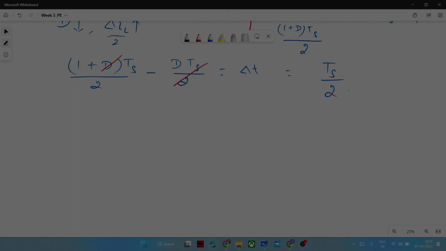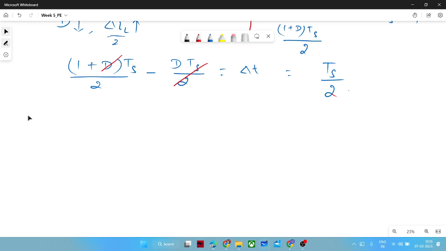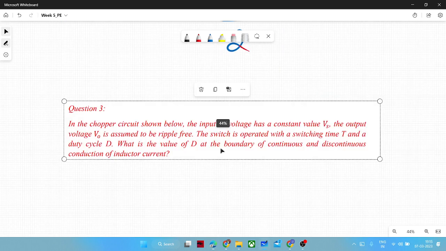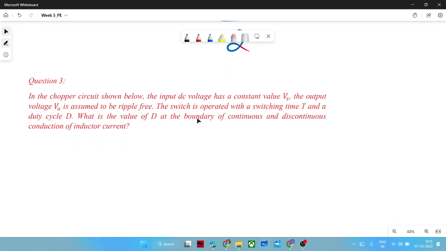So in this problem, the concept of discontinuous conduction mode has been checked. We need to identify the value of D at the boundary of continuous and discontinuous inductor current.